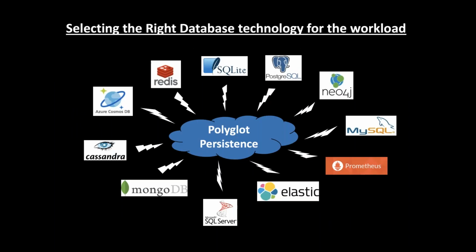So it all boils down to selecting the right database technology for the workload. While finalizing the data storage technologies, you need to have a good understanding of business requirements, and you can take an informed decision amidst a number of available database technologies. Each of these database technologies has its own strengths and weaknesses. So probably ask a few questions like, what's the use case from a business perspective?